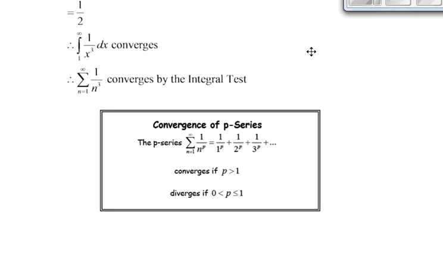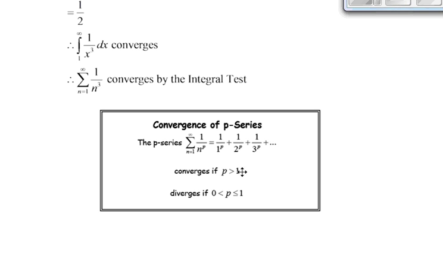Okay, so this leads us to p-series, and how to tell the convergence or divergence of a p-series. If you have a p-series, 1 over n to the p and nothing else, that means not 1 over n to the p plus 1 or minus 2, just 1 over n to the p, then you can tell the convergence.